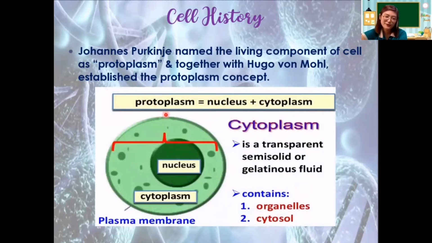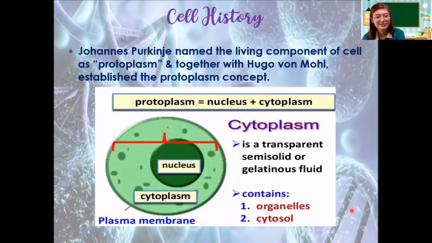Simply put, protoplasm is actually the nucleus included there along with the cytoplasm. So this is another term for protoplasm in general terms. Okay, so take note, cytoplasm is a transparent, semi-solid or gelatinous fluid that surrounds the nucleus. It contains organelles and cytosol. Okay, so we will know the different parts of the cell later on.